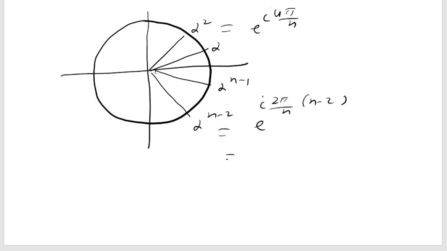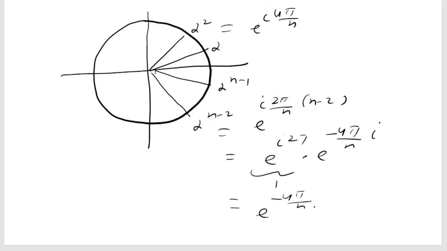Simplifying it, you will get e to the power i 2 pi into e to the power minus 4 pi by n i. So this value is clearly 1, so we will get e to the power minus 4 pi by n i. So this is nothing but the conjugate of alpha square. Okay, so what I mean to say is that the imaginary roots lie in conjugate pairs.